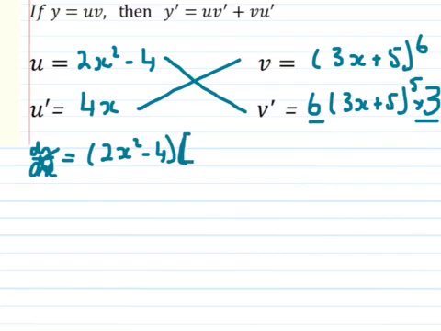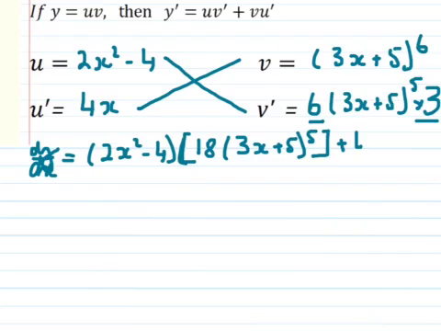Or we need square brackets, don't we, because we've got brackets within brackets. So 18, 3x plus 5 to the power of 5, close with square brackets, and then it's plus 4x, and then in brackets it's going to be 3x plus 5 raised to the power of 6.